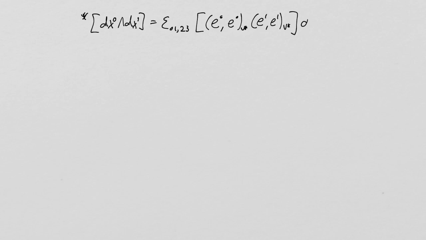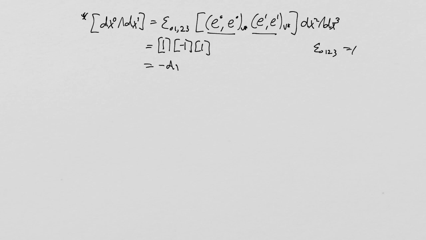And then what's left? dx2 wedge dx3. You do understand the ordering of the coordinates here, all it has to do is match the ordering there, and then this guy takes care of the sign. And so E0, 1, 2, 3, well, that's easy. That's obviously equal to 1. So that equals 1. This equals minus 1, and this equals 1. So this whole thing equals minus dx2 wedge dx3.